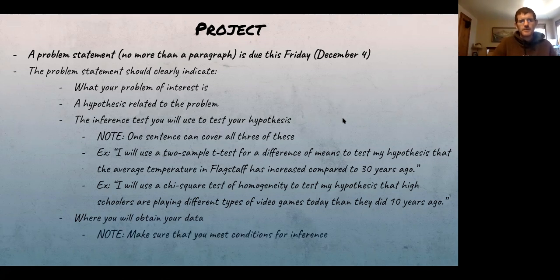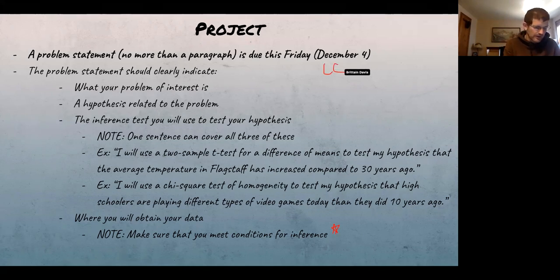Now I put right here, make sure that you meet the conditions for inference, and I will put a little star beside that because you can just add a little caveat to your analysis if you can't quite get enough data. So for instance, remember, if you're going to do a two-sample z-test for difference of proportions, you've got your large counts condition that must be met.